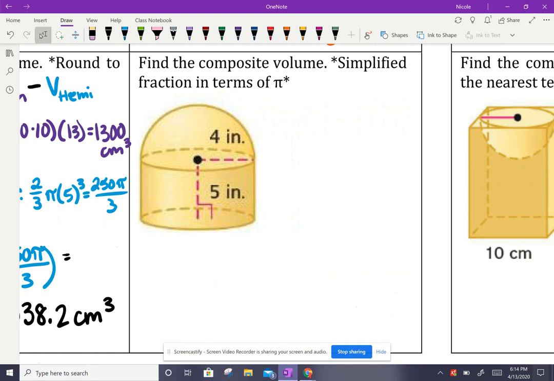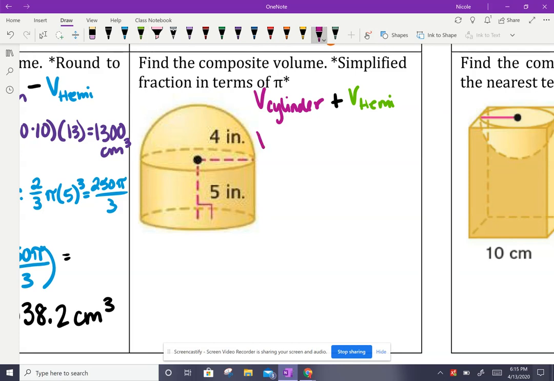And then one more composite. We've got a hemisphere and a cylinder. They're just stacked on top of each other. Nothing's getting taken away, so we're going to add these. I'm going to take the volume of the cylinder and add the volume of the hemisphere.